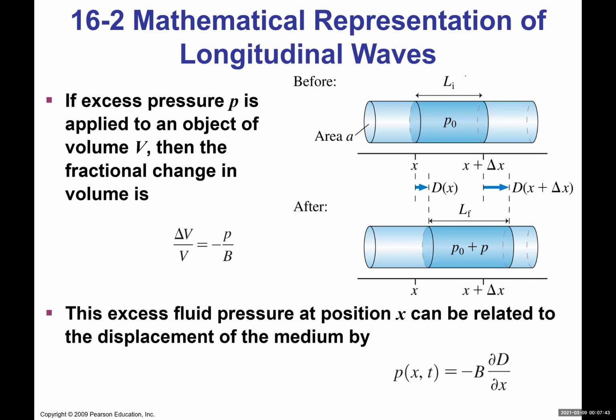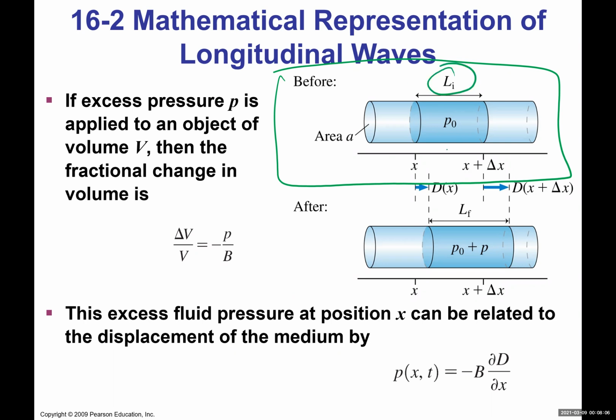So here, for example, we start with this. This is some kind of fluid, because again, it could be liquid or gas, that is being disturbed and is propagating. What we have here is L sub i, which represents the length, and then obviously you have the area. Let me use a different color.